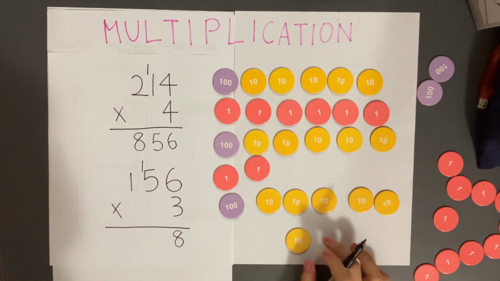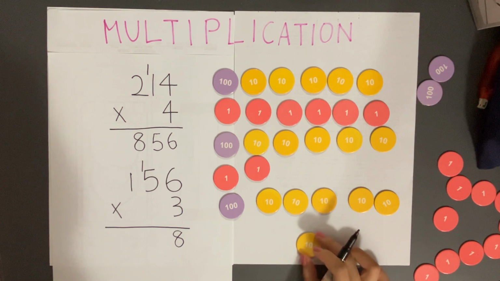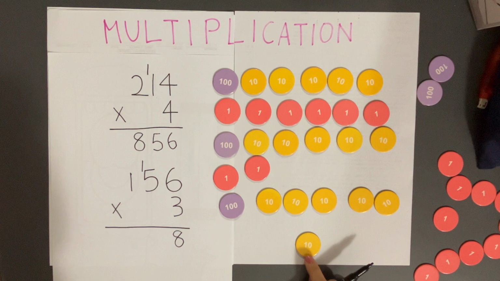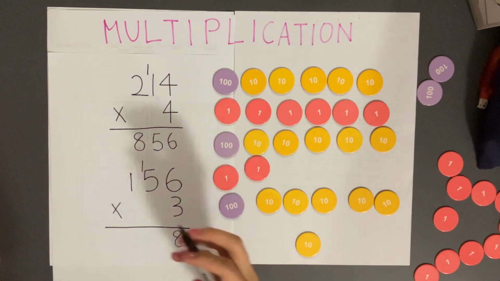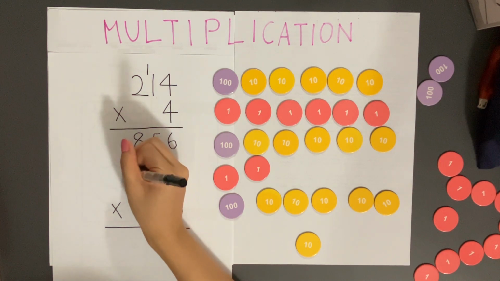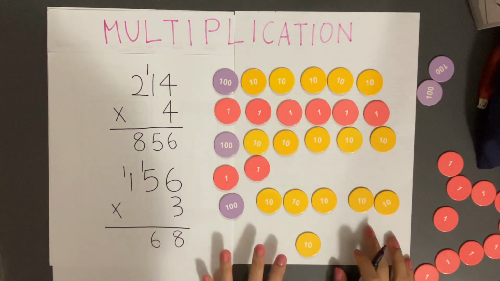After getting 15 tens, I need to add my extra 10 that I got from the renaming. So I need to take 15 plus 1 more 10. So that gives me 16 tens. 16 tens, it will be 6 tens and 100. Okay, so let's do our renaming now.